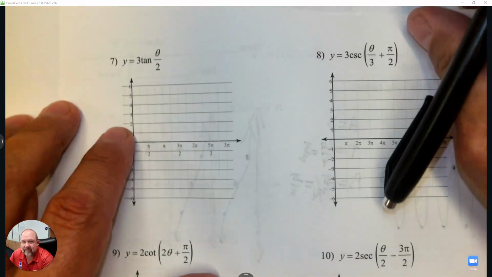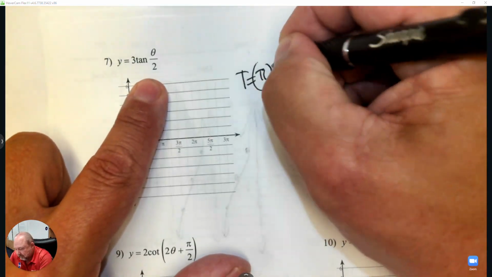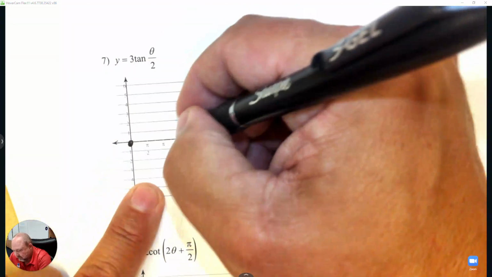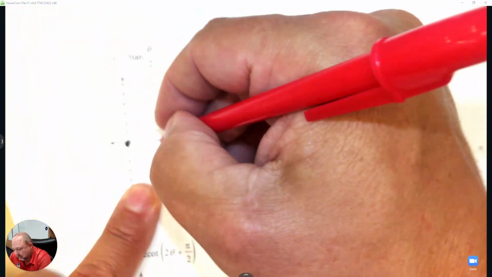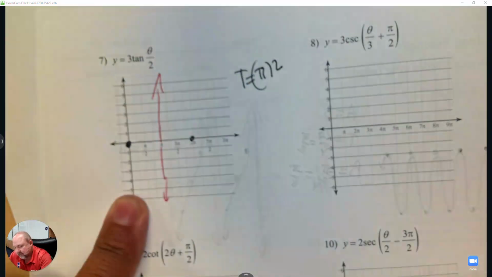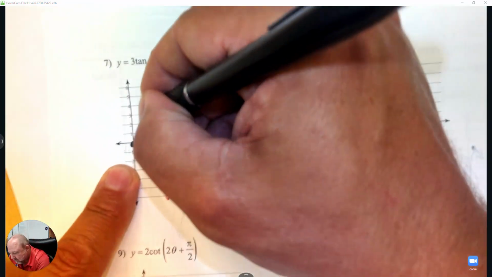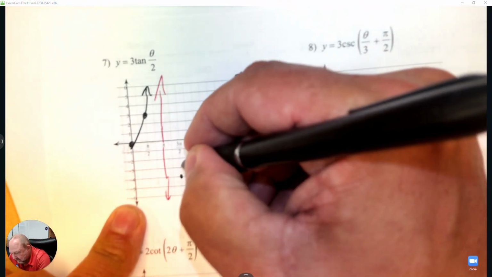All right, I want to graph tangent. So the period would be 1 pi, but I'm going to multiply times 2. So it starts at 0, and then at 2 pi, and then at 4 pi. Exactly in the middle between them will be an asymptote. And then in the middle here, I'm going to go up to 3. And then in the middle here, I go down to -3.